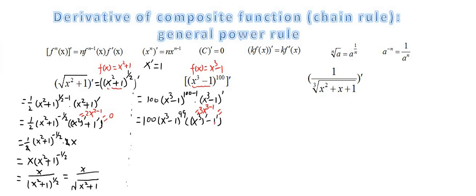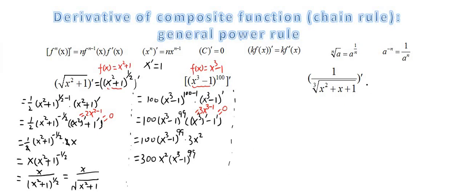And for the second term, we can apply the constant rule, it is 0. Now we can simplify it. We're going to get 100 times x cubed minus 1 to the power 99 times 3x squared. We can continue to simplify it: 300x squared times x cubed minus 1 to the power 99.